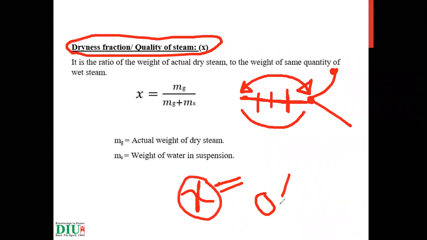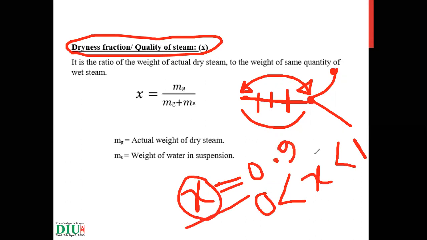The dryness fraction value is greater than 0 and less than 1, so the value will be in between 0 to 1. Suppose I take the dryness fraction value as 0.9. Now the question is, what does it mean that X equals 0.9?